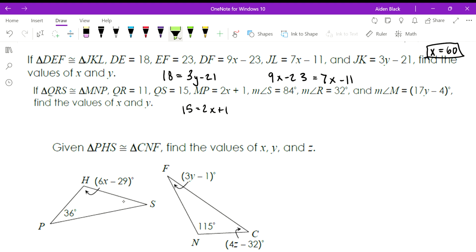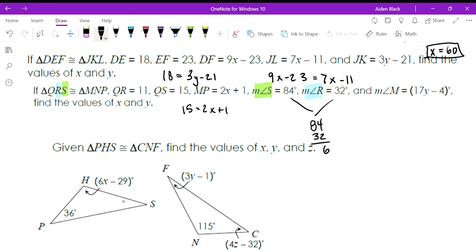I know that they gave us angle S right here, and then they also gave us angle R right here. That's two angles of a triangle. If I have two angles of a triangle, I can find the third one. All I have to do is add these two numbers up, 84 and 32.